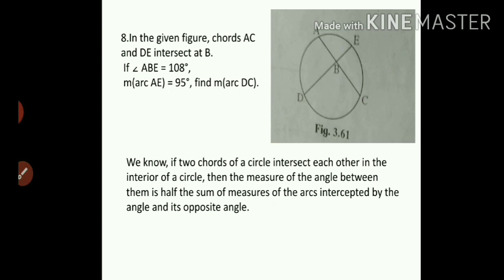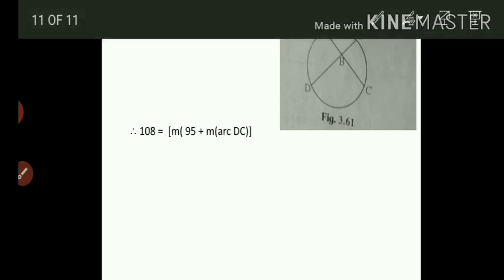So see what we get, angle ABE will be exactly half. Here see students, half of the addition, means the sum of arc AE plus arc DC. So we get here, see, the next step, 108 degrees which is already given. 108 degrees is equal to half of major arc 95 plus arc DC.